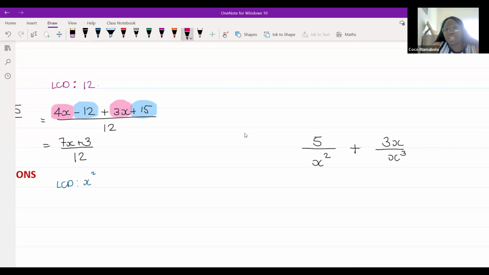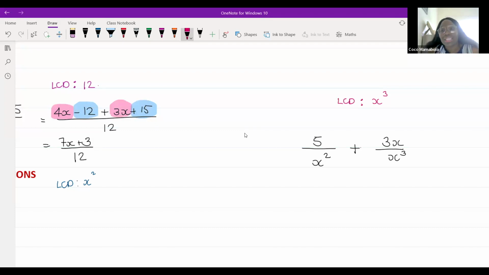Now let's look for an LCD. What LCD am I going to find between x squared and x cubed? X cubed. Why not x squared? What happened to x squared? Because x squared is smaller. Yes, x squared can fit in.